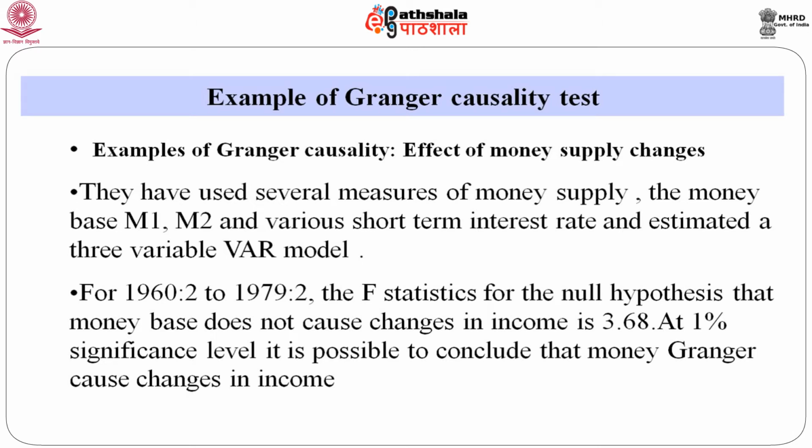They have used several measures of money supply, that is the monetary base, M1, M2 and various short run interest rates, and estimated a 3 variable VAR model. They have taken quarterly data from the second quarter of 1960 to the second quarter of 1979, and they have tried different alternatives of the model.